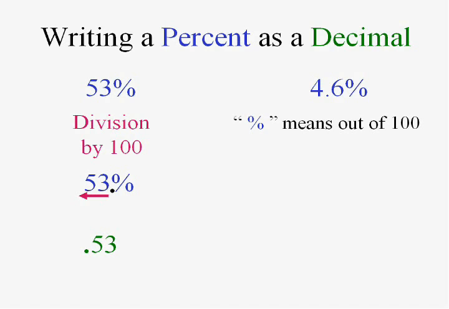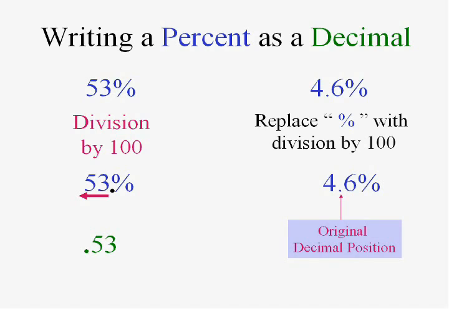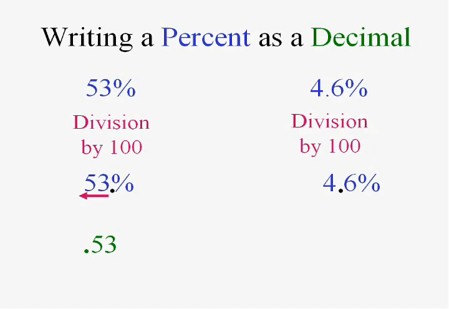Remember that percent means division by 100. So let's replace that sign with division by 100. Recall how to divide by 100? The original decimal in this case is right there. We're going to move it over from there 2 places for division by 100.